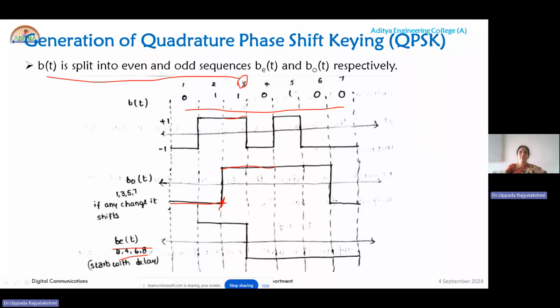Next we check for 5. For 5 also you have magnitude 1, so 1 will continue for 5 and 6 intervals. Again the odd sequence is checked at 7, so for 7 and 8 it remains the same. Similarly, the even sequence occurs at even intervals, and for the odd intervals it remains at the same amplitude as the earlier even sequence.